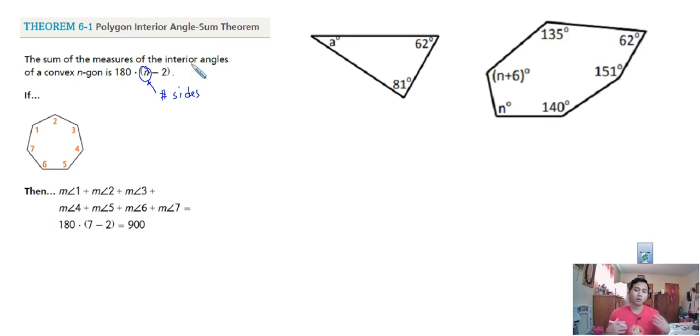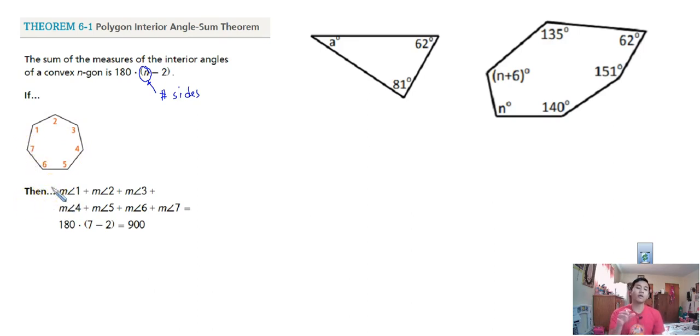Let's say you have a triangle, so it has 3 sides. If a given polygon has 7 sides, then of course it has 7 angles, so 1, 2, 3, 4, 5, 6, 7.